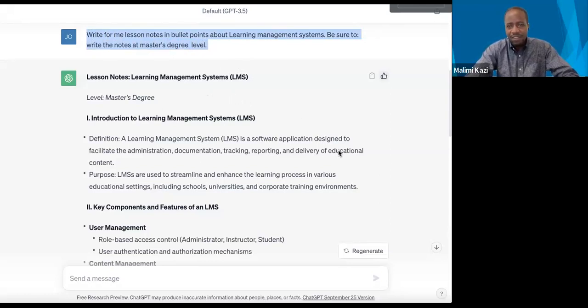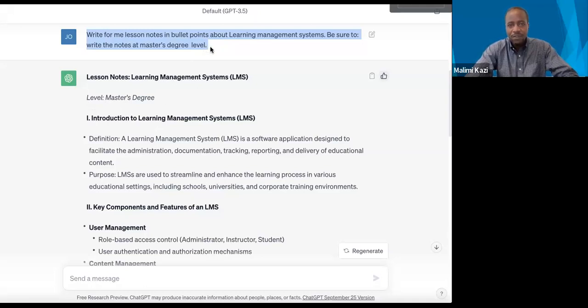Now, I think it really produced good notes about learning management system. So you see, it has the title, learning management system, and also it provided the level of these lesson notes, master's degree level.